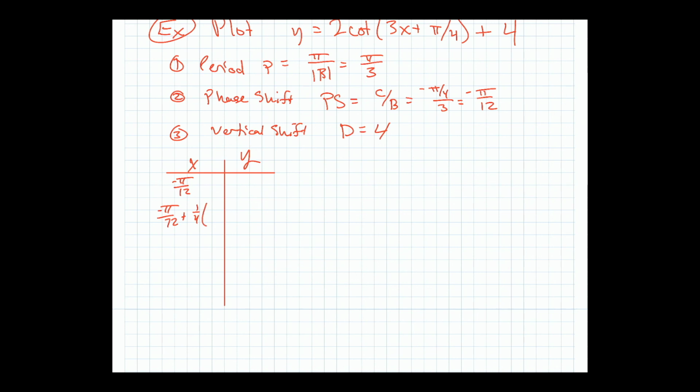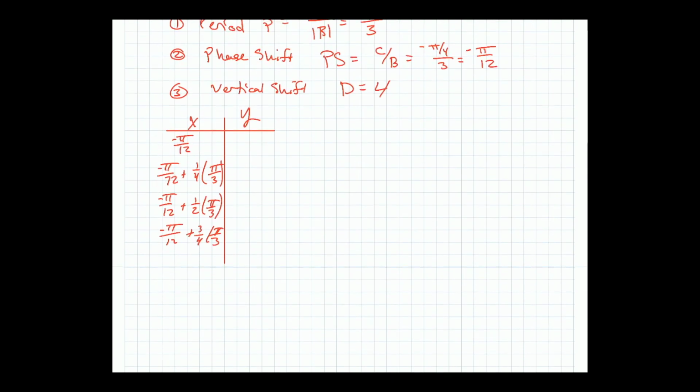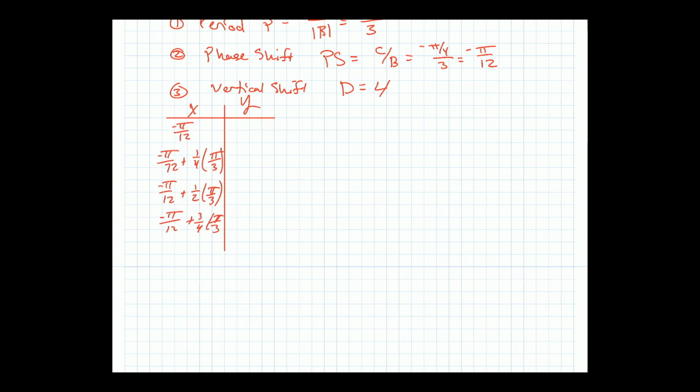Period is, what's a period? Pi over 3. And then you got negative pi over 12 plus a half period. Then you got negative pi over 12 plus 3/4 period. And then you got negative pi over 12 plus 1 period. All right, and we'll calculate those in a minute.